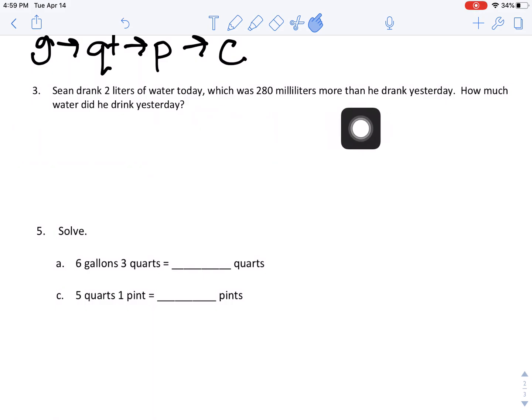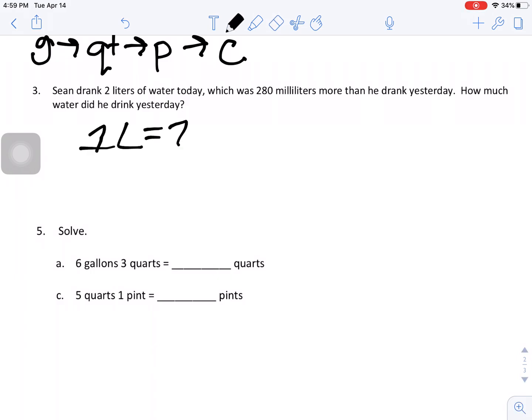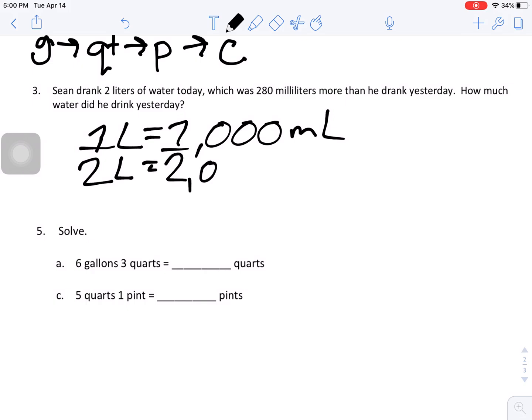This was liters and milliliters. We've already learned about milliliters and liters, so it was not in our conversion tables. We learned that 1 liter equals 1,000 milliliters. So if he had 2 liters, it would be 2 groups of 1,000 or 2,000 milliliters.